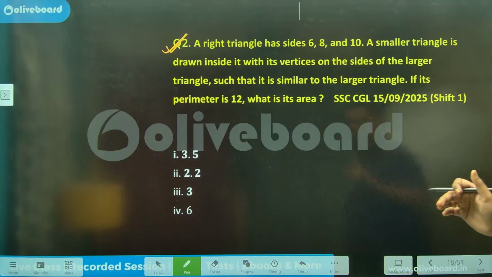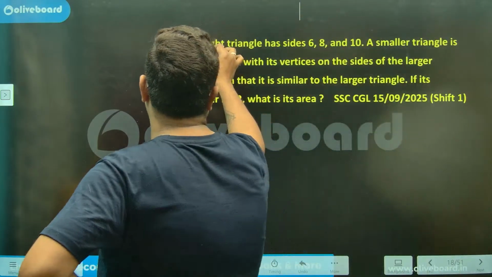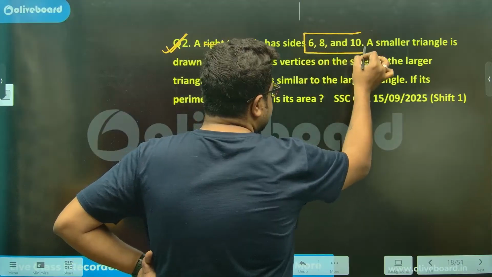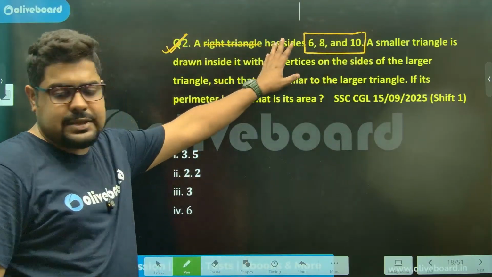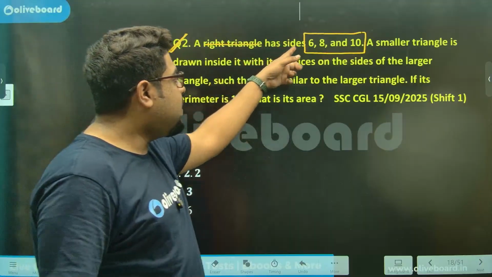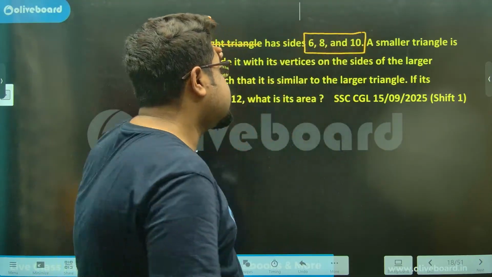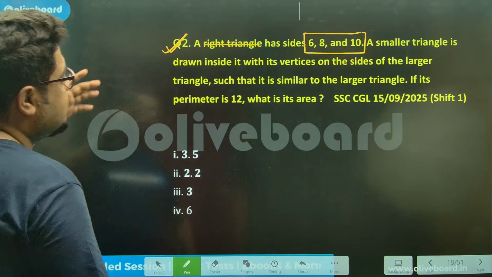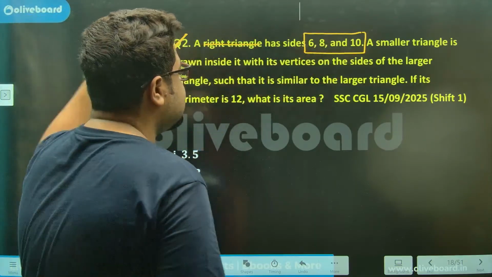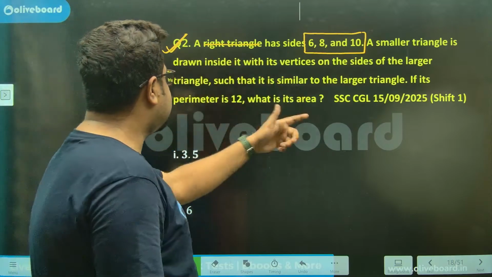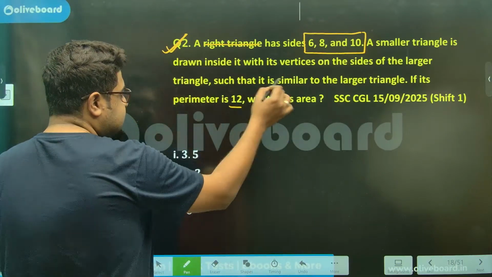Even if this information was not given, just by looking at these values you should be able to figure out that this is a right angle triangle, a Pythagorean triplet. Next, a smaller triangle is drawn inside it with its vertices on the sides of the larger triangle, such that it is similar to the larger triangle. If its perimeter is this, then what is the area?